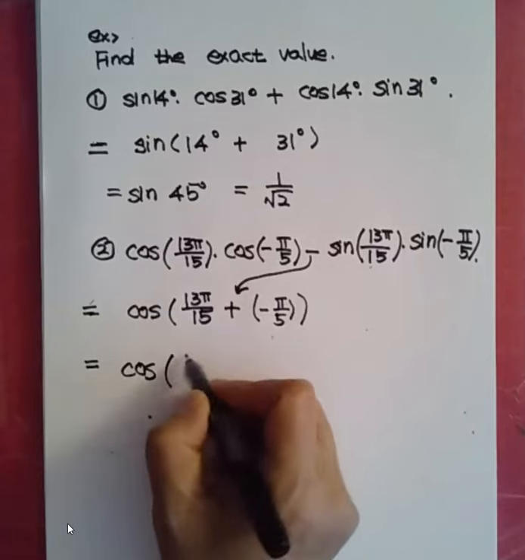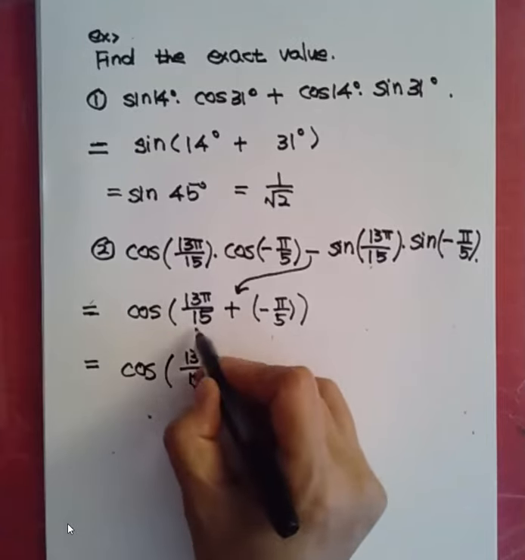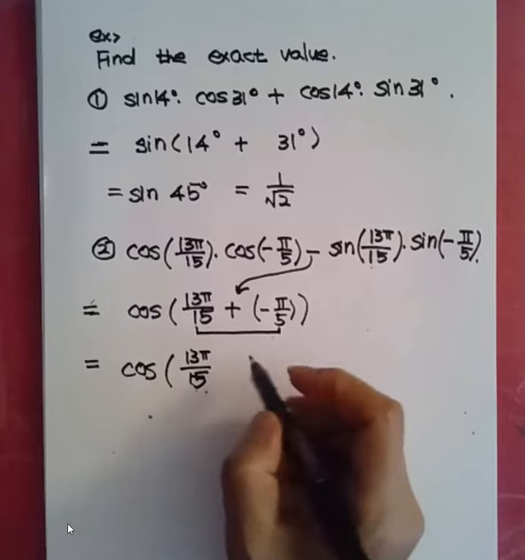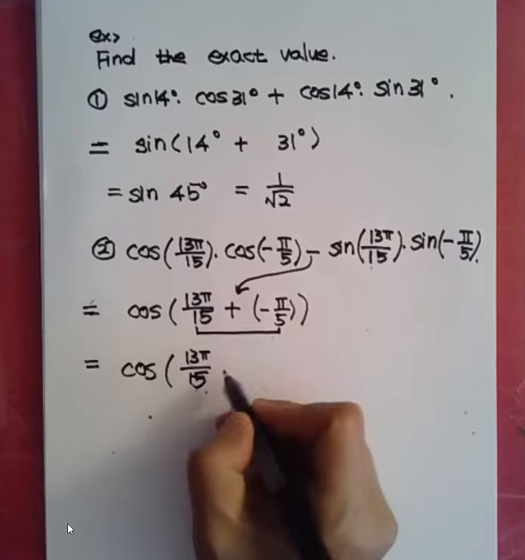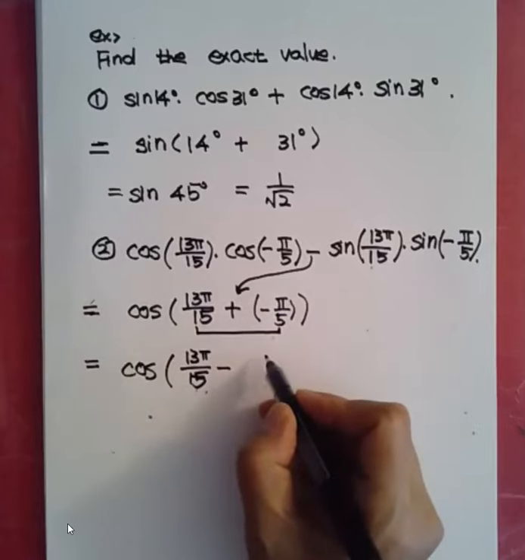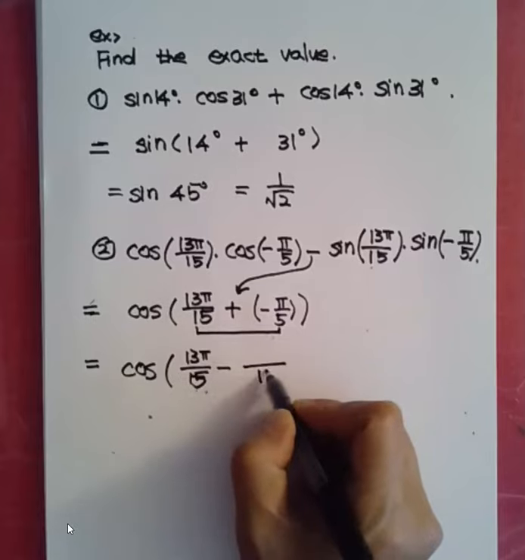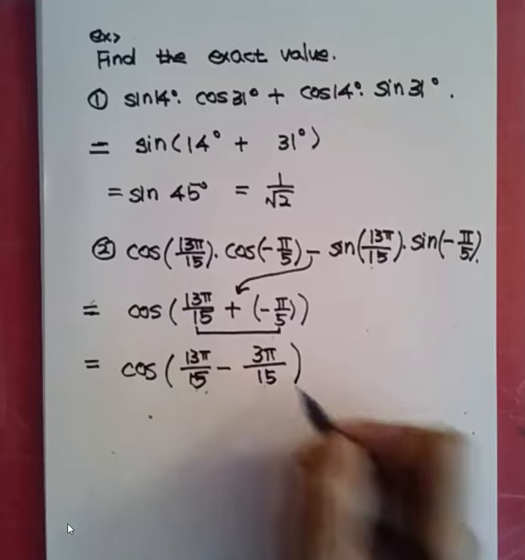Cosine of 13 pi over 15, we think about the common denominator, that is 15, and we can just write minus in the middle. To get 15, we have to multiply by 3, so the numerator will become 3 pi.